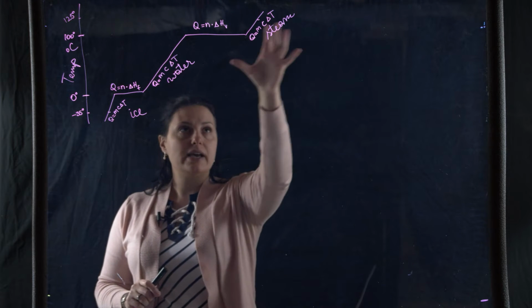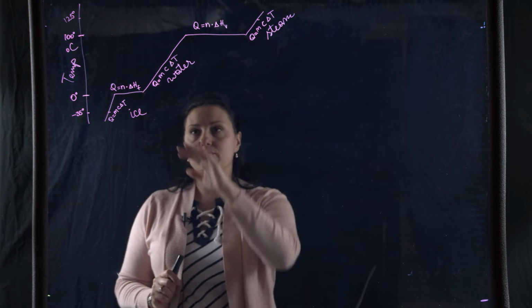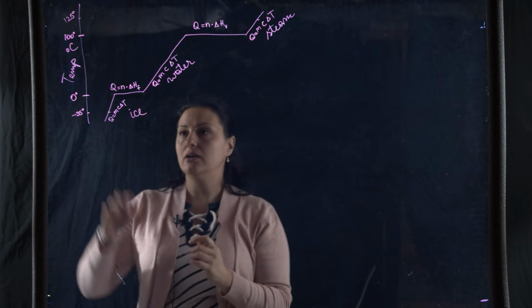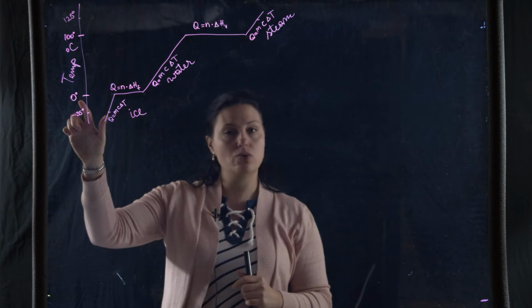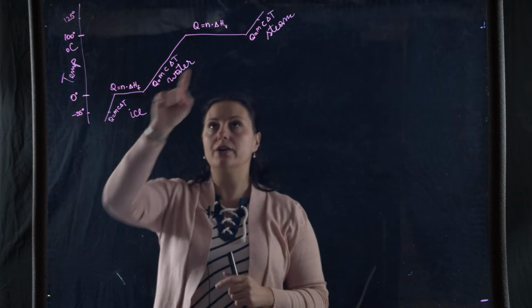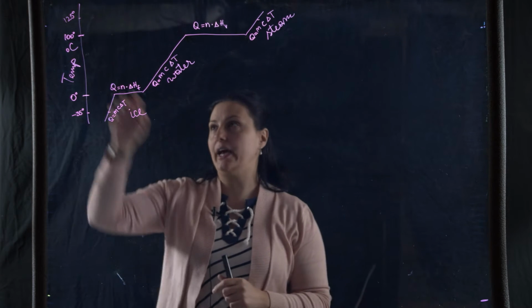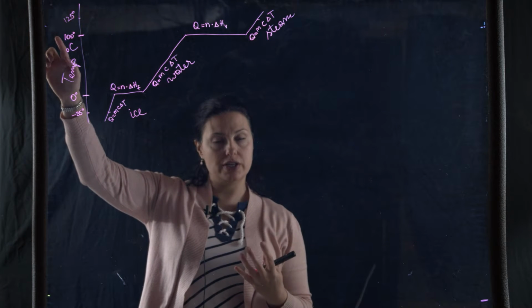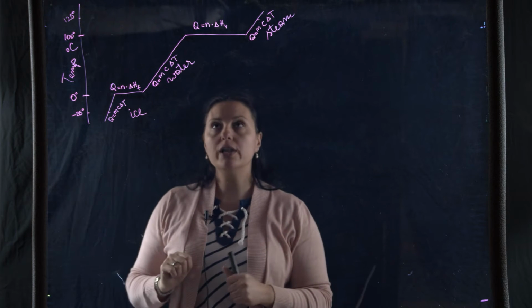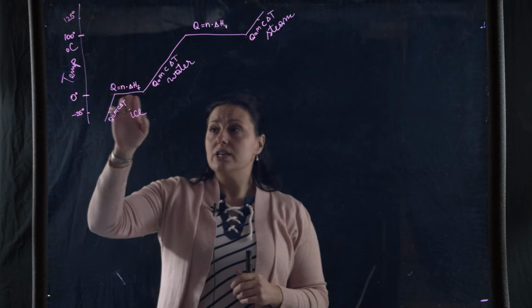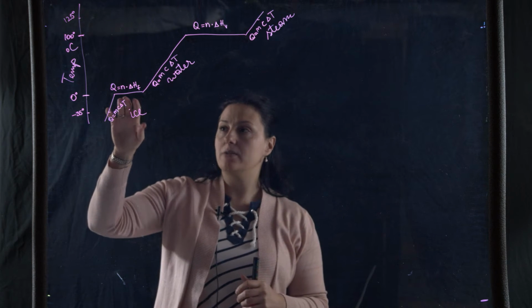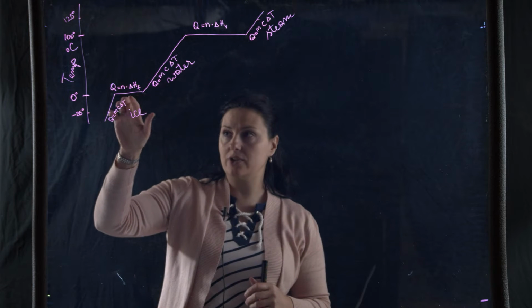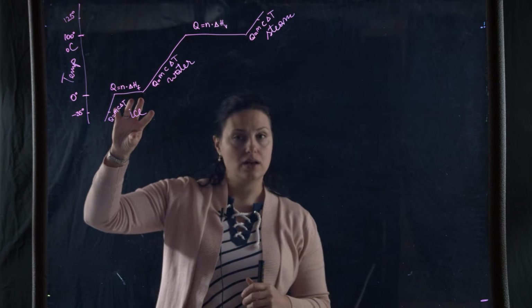If you look at these areas of the curve, I have broken them down. This horizontal line corresponds to the melting point of water, and this other horizontal line corresponds to 100 degrees Celsius, which is the boiling point of water. So these are the divisions, if you will, between phases. Below the first line, I have ice.